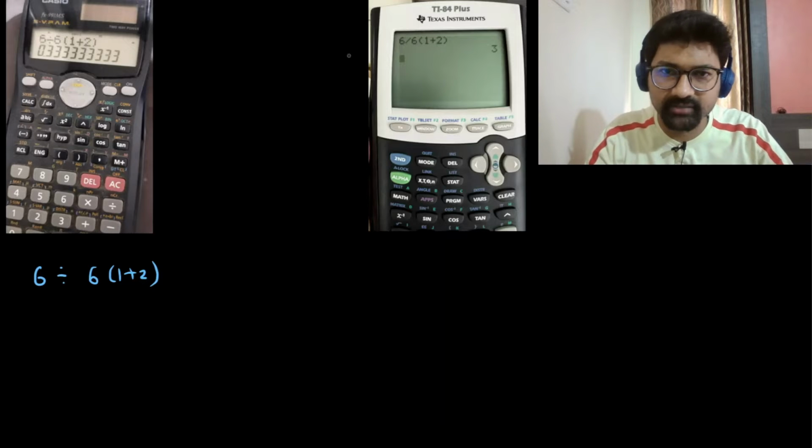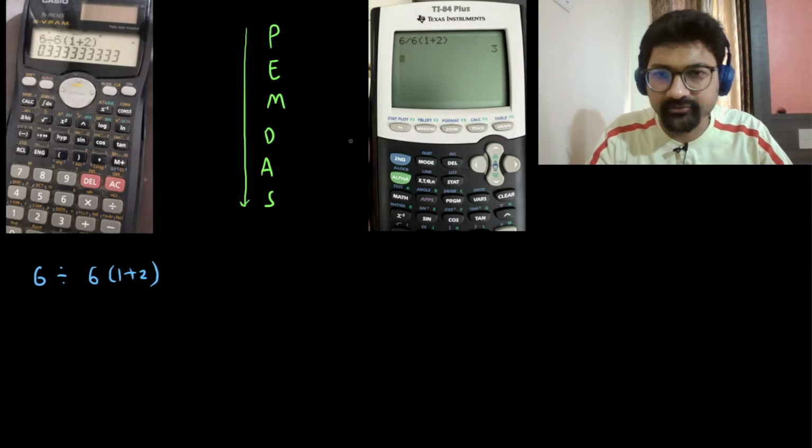Before moving ahead, let me brief you a little about what PEMDAS is. PEMDAS gives us the sequence of the operations whenever we have multiple additions, subtractions, multiplications, divisions, parentheses, exponents, etc. This one corresponds to parentheses. This is exponents.